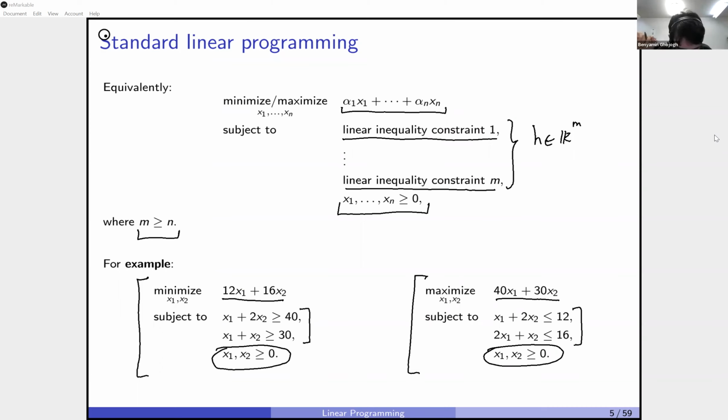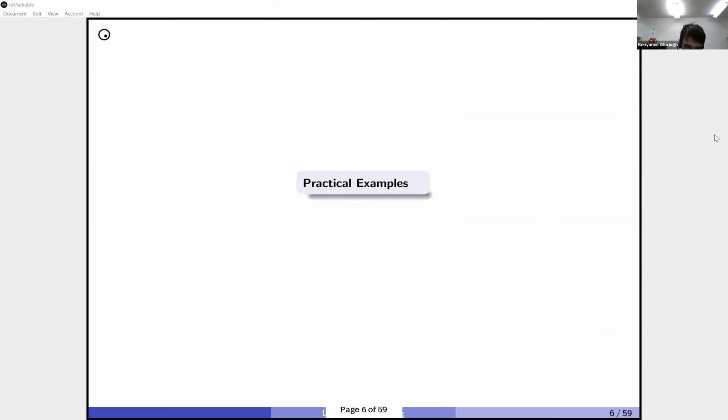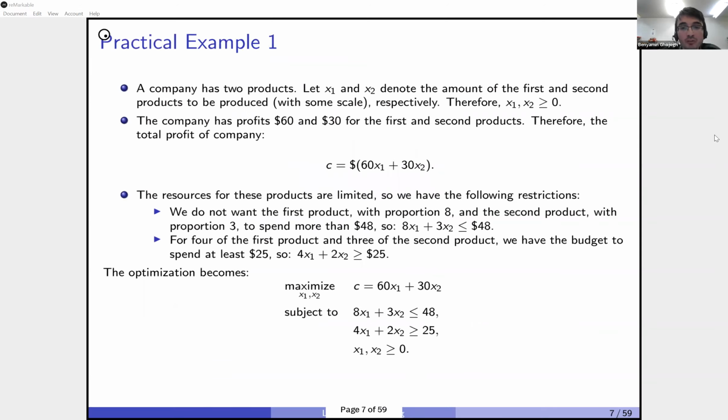So these are some examples. Now some practical examples. I think you will like this part. So practical example 1 for linear programming. This practical example might be good for people in management or industrial engineering. Industrial engineering, I think you will face this a lot in your job.